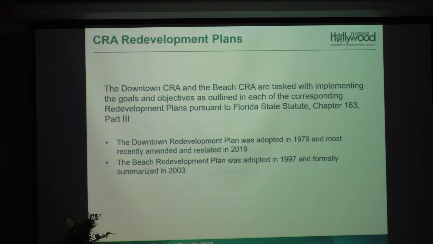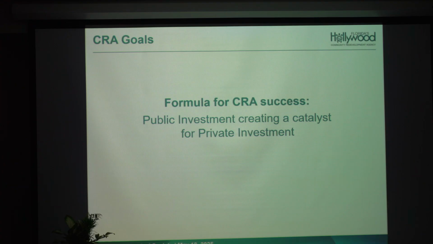The beach redevelopment plan was adopted in 1997 and then formally summarized in 2003. The formula for CRA success is public investment creating a catalyst for private investment. Because when a city improves its public property, it attracts people, investors, residents, developers, businesses.